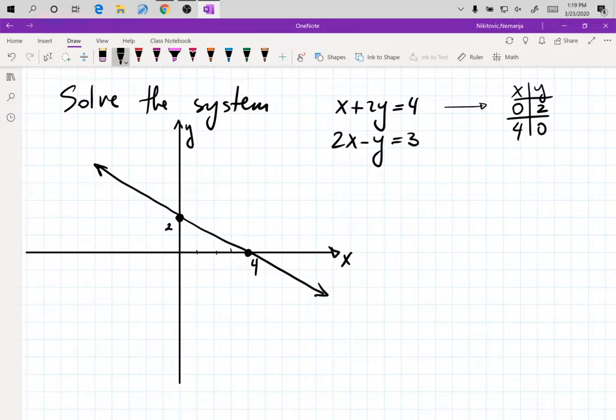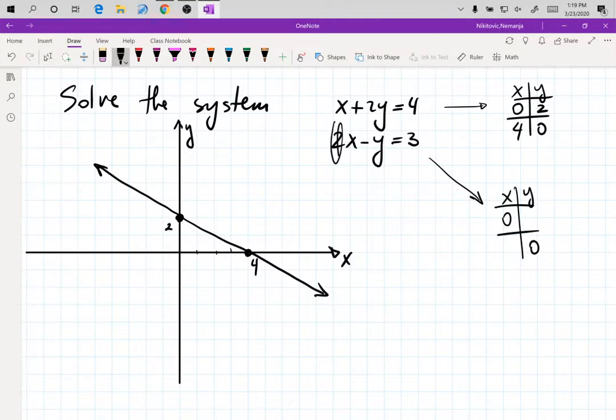Then we go and look at the other equation, which is going to give us again x and y intercepts because it's in standard form.